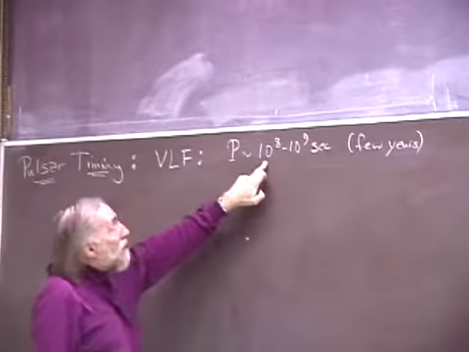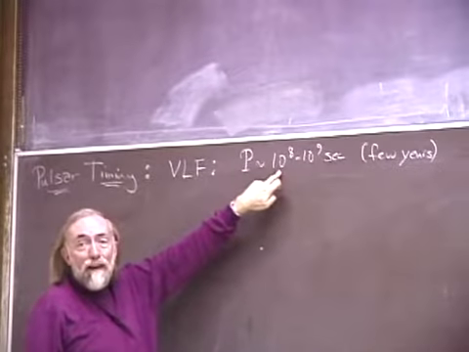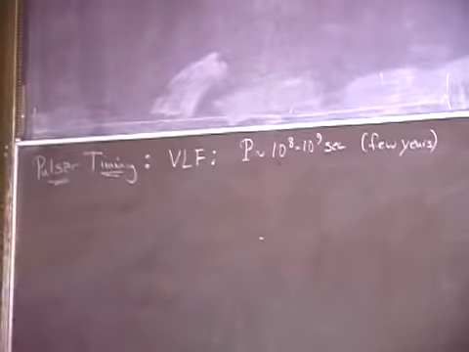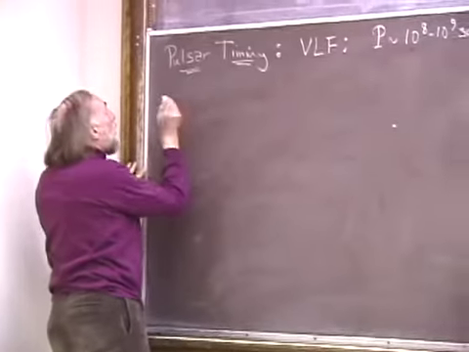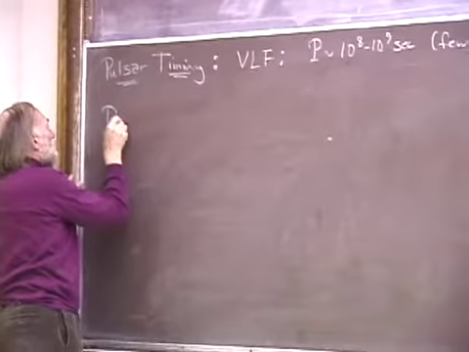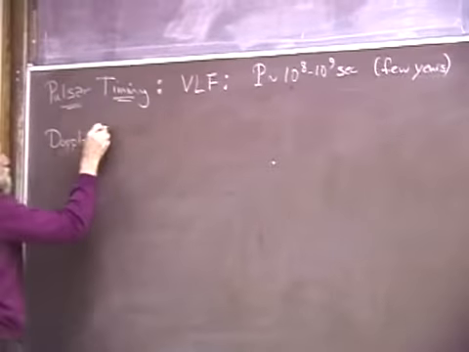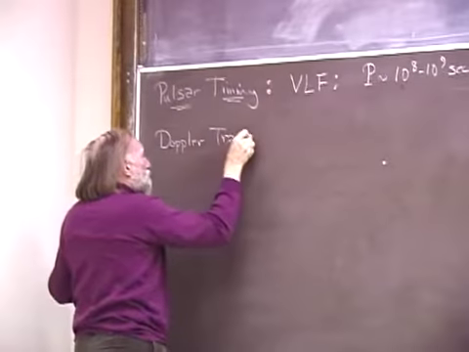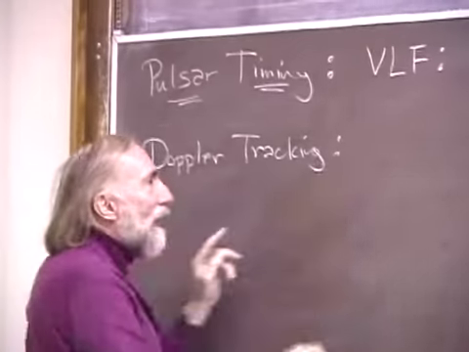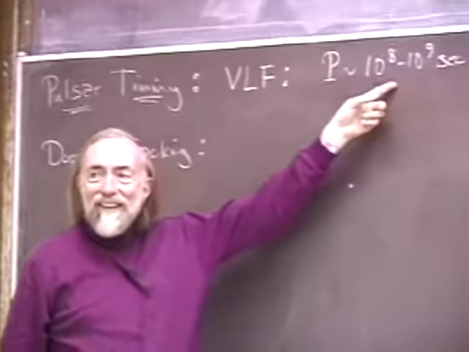That period is set by a graduate student lifetime. The technique you've just heard about of Doppler tracking of spacecraft, well, a graduate student lifetime and professor lifetime, they're in the same order of magnitude. Okay.